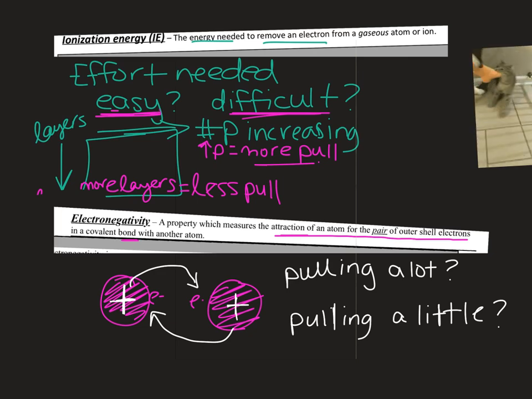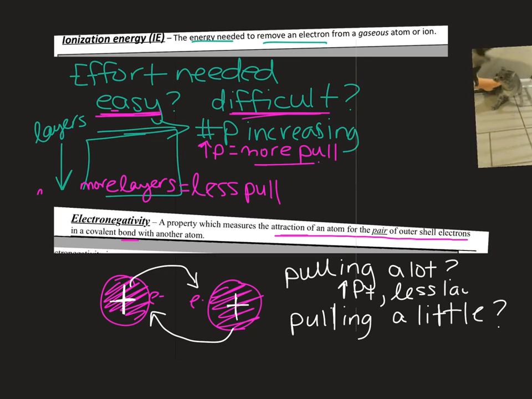Now, this is still going to relate to our trends and the ideas that we keep coming back to, where we have layers and we have more protons. So if we are pulling a lot, if we have a stronger electronegativity, we're looking to have more protons and fewer layers.